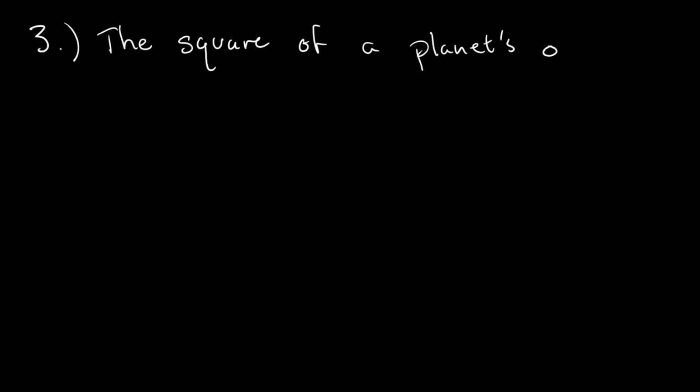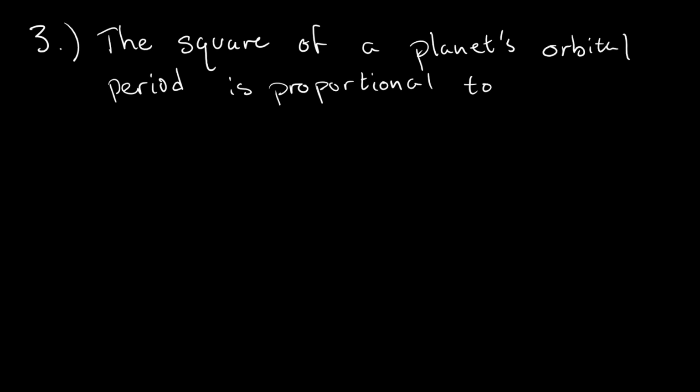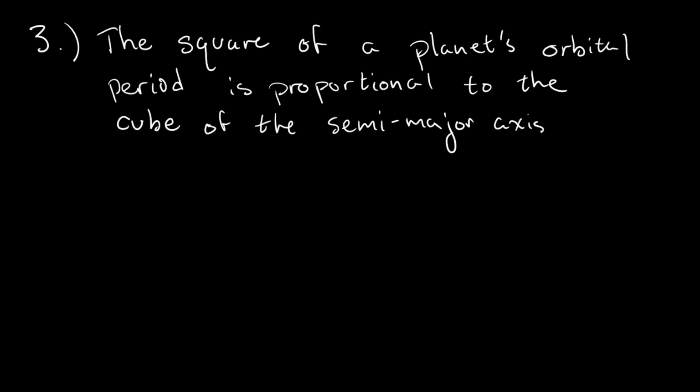So the square of a planet's orbital period is proportional to the cube of the semi-major axis of the orbit.